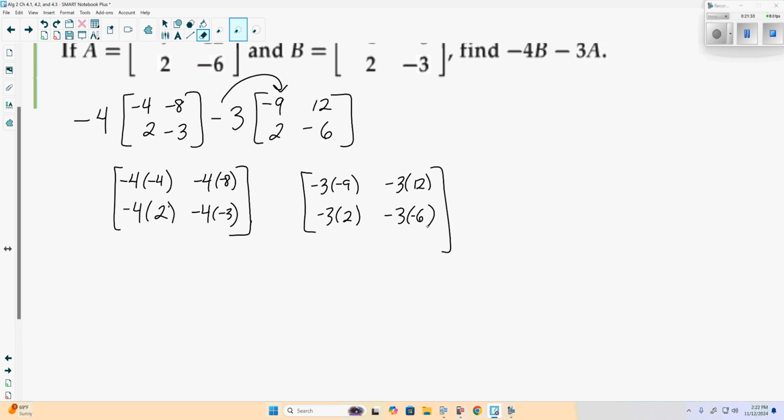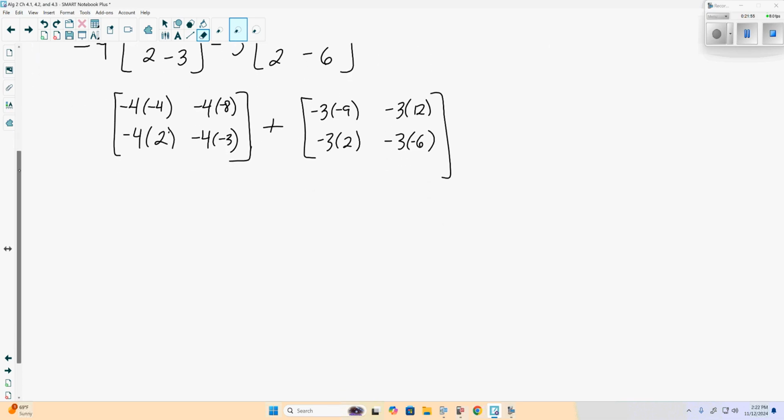But since we took the 3 and the negative with it, we took both, we're going to be adding the 2 together. If we had just multiplied through by the 3, since we left the negative there, we'd still be subtracting. So either take the 3 and the negative and add the result, or take the 3 and subtract.